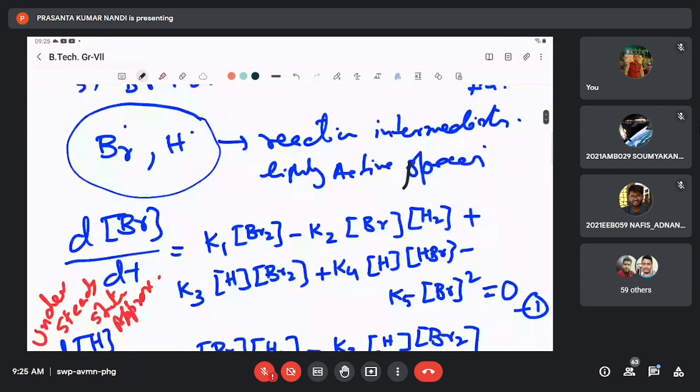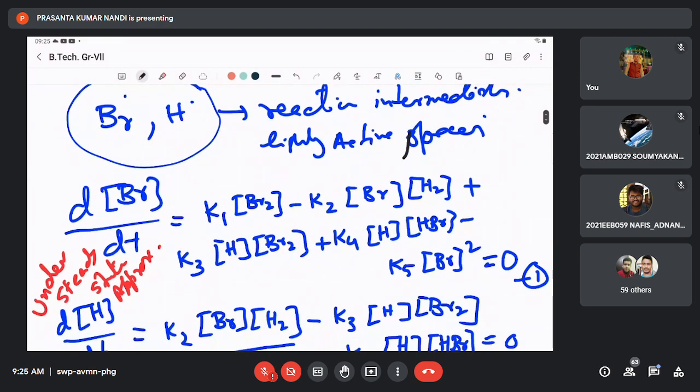Okay. Now if we look at, as in the case of the steady state approximation, you have learned that the intermediate species that appears in a sequence of reactions, their concentration will be very small.